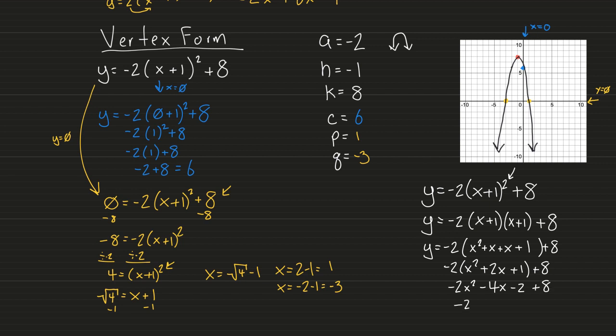Then we would have negative 2x squared minus 4x plus 6. And so notice what we've done here is we've taken vertex and just converted it to standard. And we actually see that our answer was right. We have C right where we expect it to be at 6, in that slot in the standard form equation.